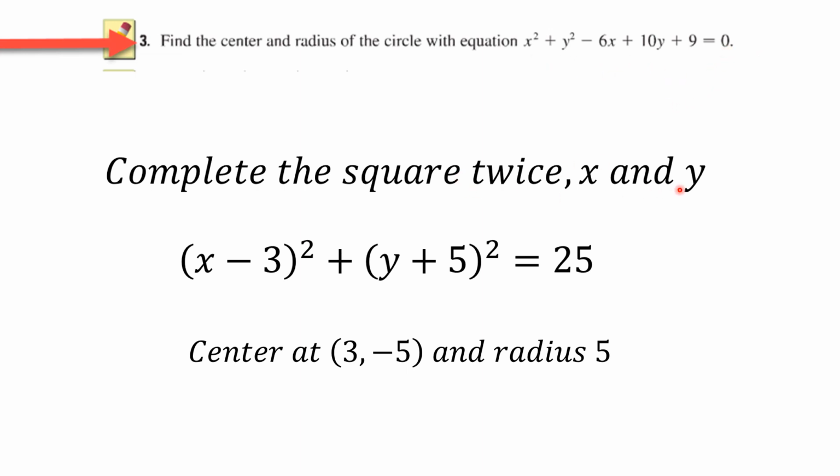But then we have to complete the square on the y. So here is y squared, and this is 10y, so that's going to be (y + 5) squared. And then what we're adding to both sides is 5 squared, or 25, so we get this. So this is the equation of the circle, and then we need to recognize that the center of the circle is going to be (3, -5), and the radius is going to be 5.